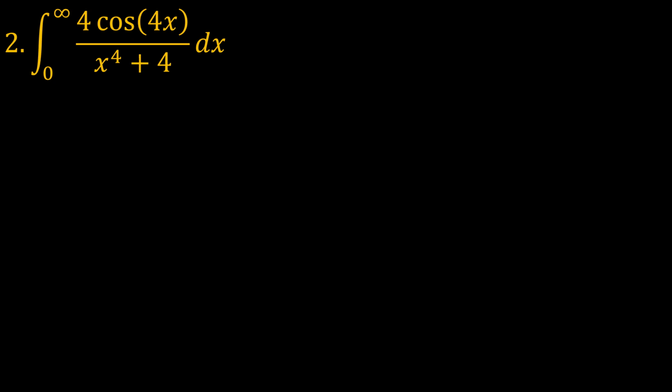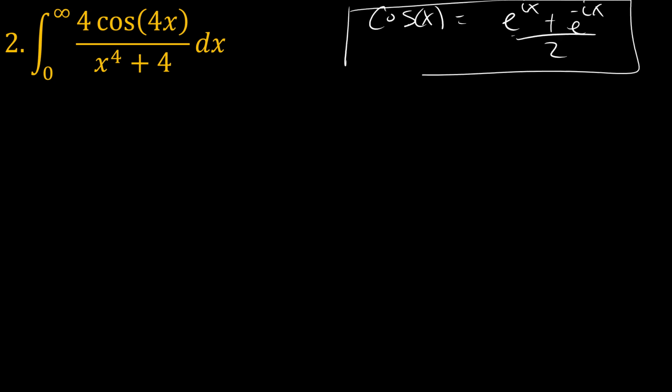We know that cosine of x is equal to e to the power ix plus e to the power negative ix, over 2, where i is the imaginary unit, that's root negative 1.